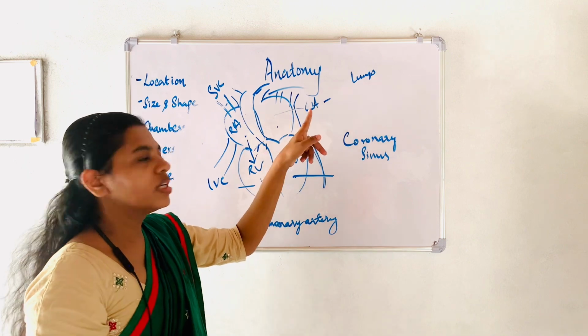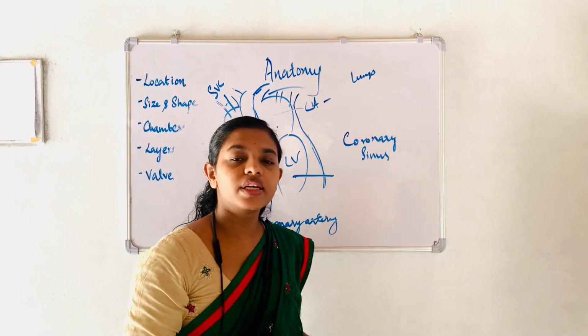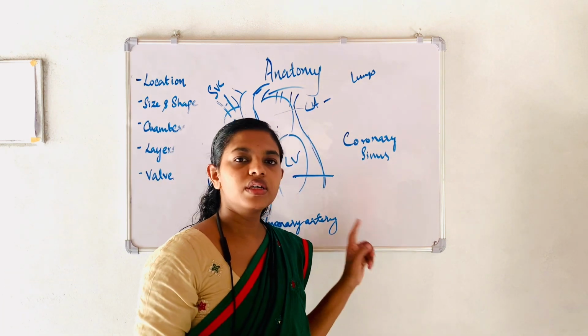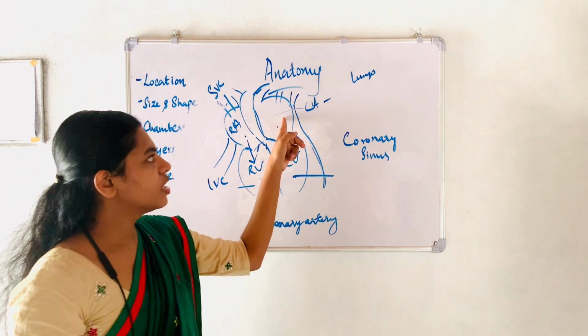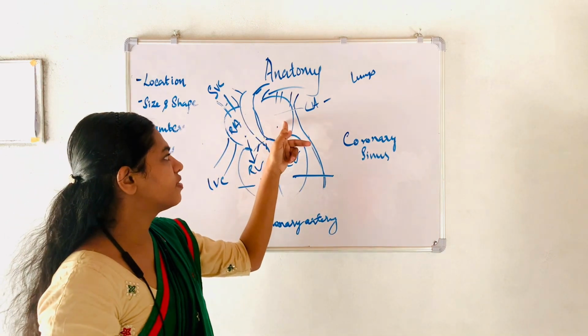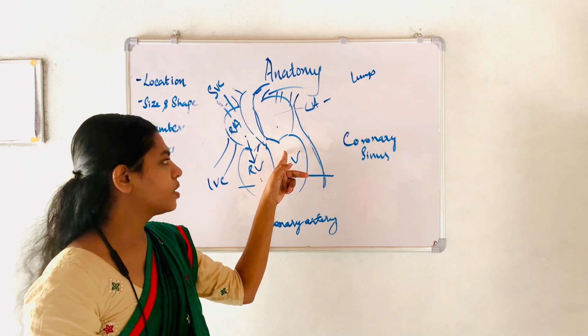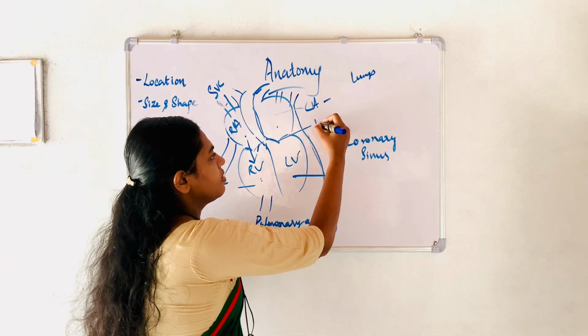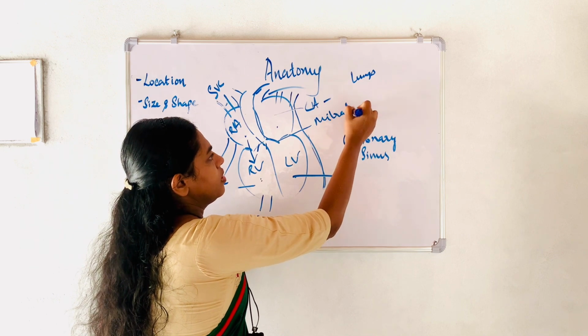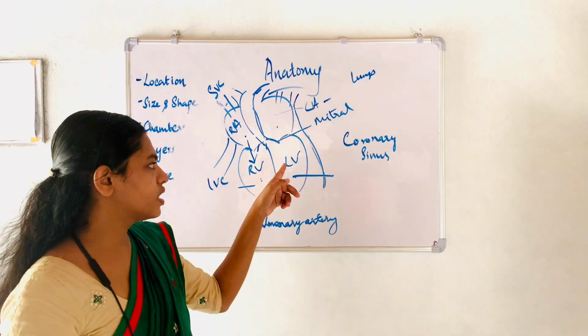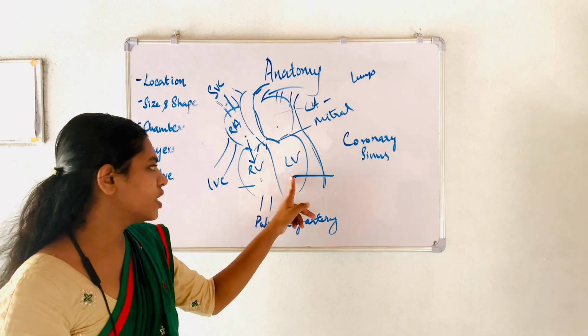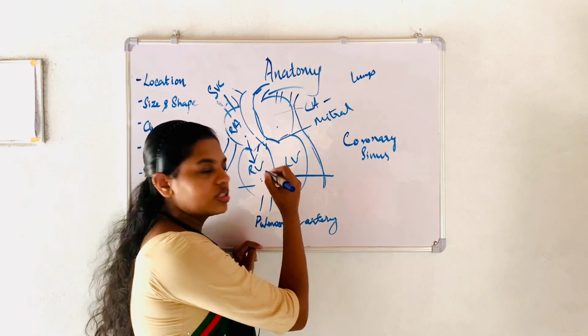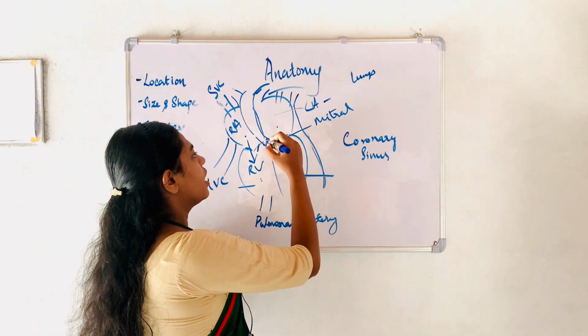Okay, the oxygenated blood is carried from the lungs by the pulmonary veins to the left atria, and from the left atria the oxygenated blood drains to the left ventricle through the mitral valve or bicuspid valve. Okay, and from the left ventricle the oxygenated blood goes to the aorta.